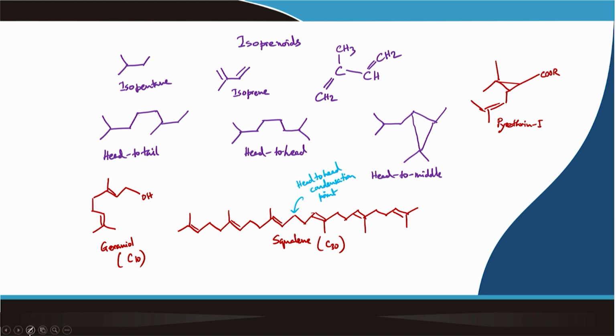Pyrethrin 1 is a monoterpene, but it comes under irregular monoterpenes. Geraniol is a monoterpene, and squalene is basically a triterpene. So, these are the different ways isoprenoid skeletons are modified, leading to the formation of diverse products.